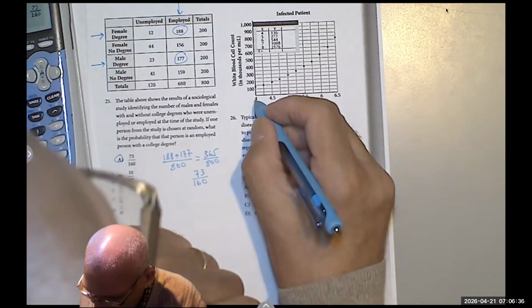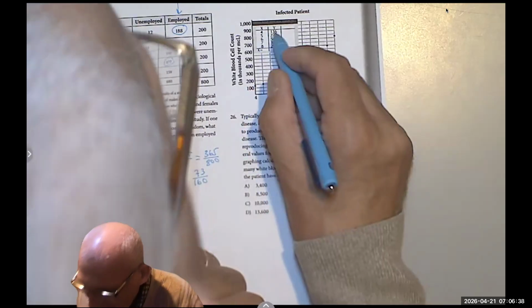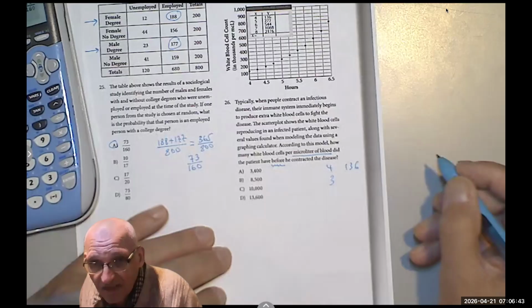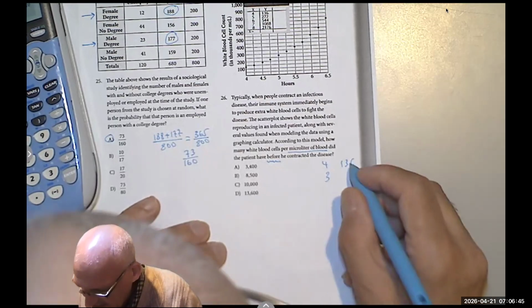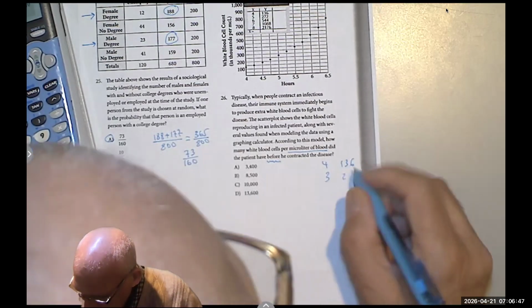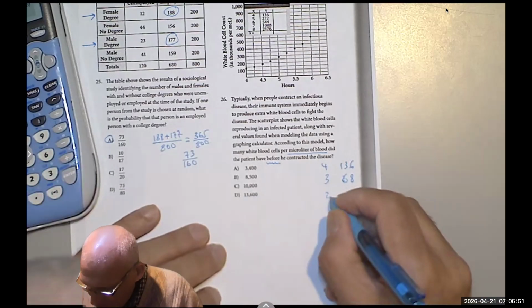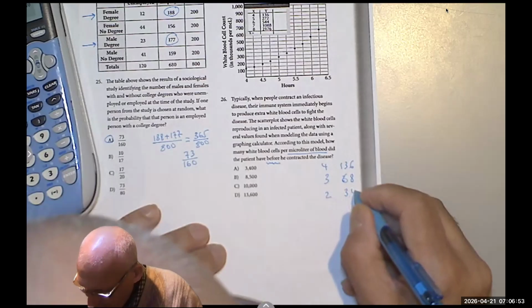At hour 4, I have 136. So at hour 3 of infection, I divide this by 2, so I get 68. At hour 2, I had 34.